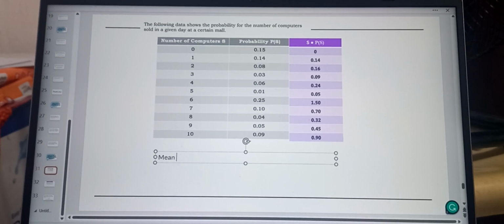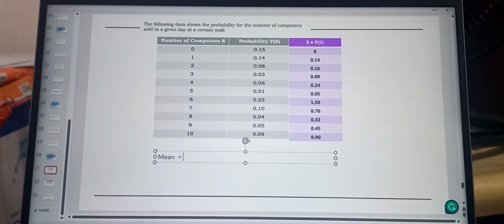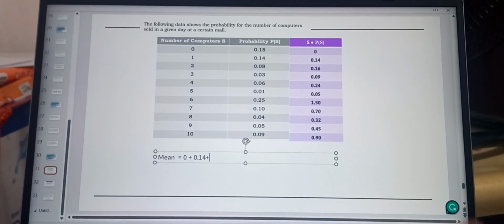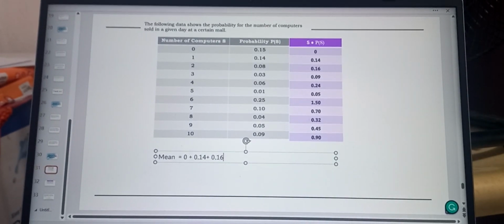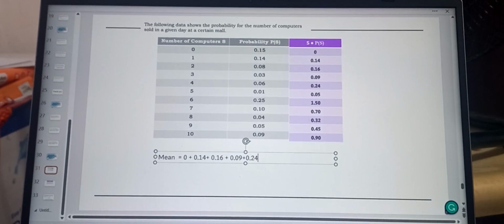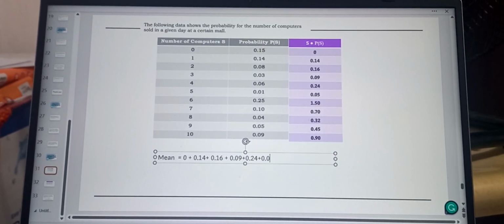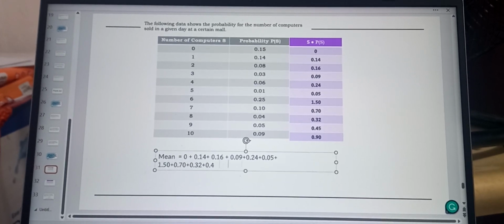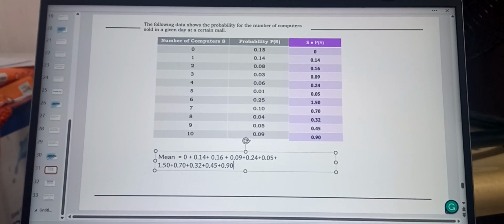Mean is equal to, just add natin yung product: 0 plus 0.14 plus 0.16 plus 0.09 plus 0.24 plus 0.05. Sabayan niyo po ako. Plus 1.5 plus 0.70 plus 0.32 plus 0.45 plus 0.90.